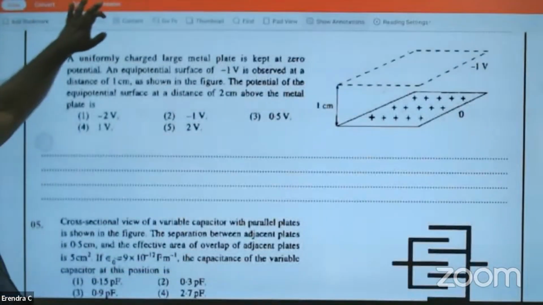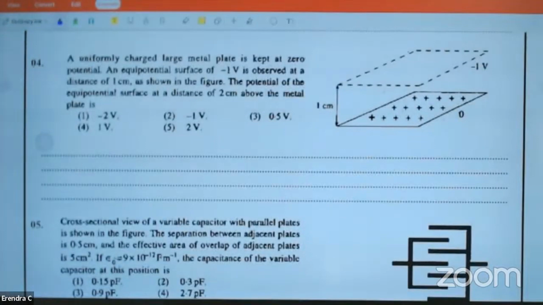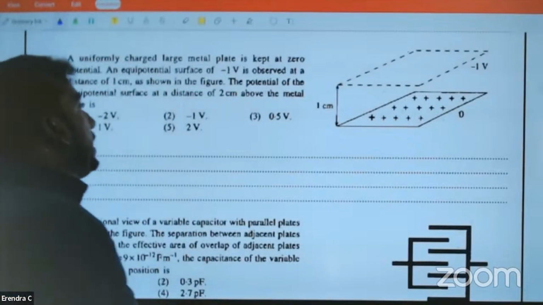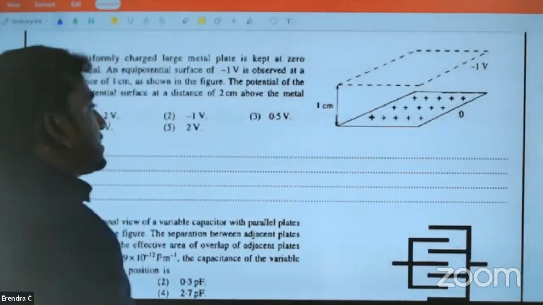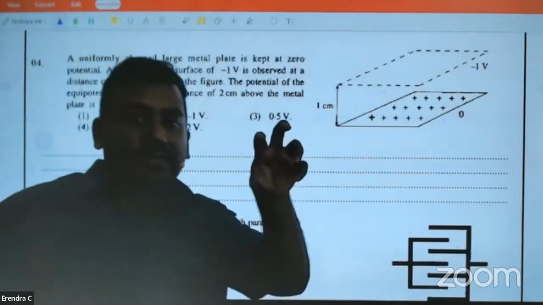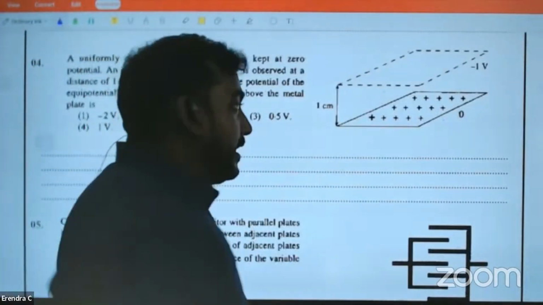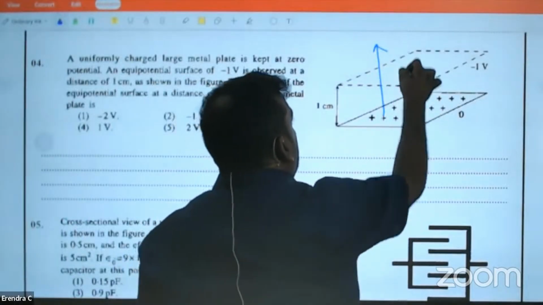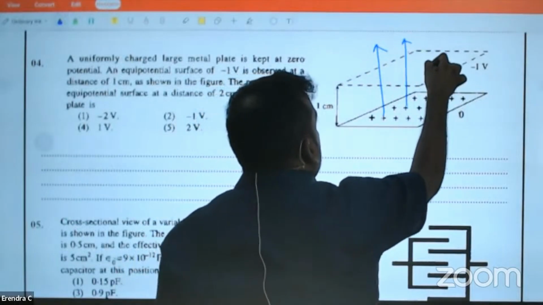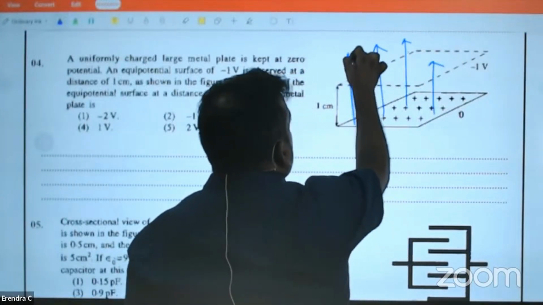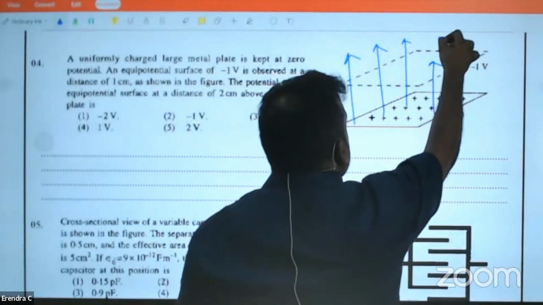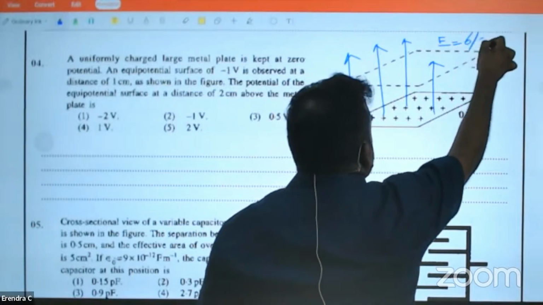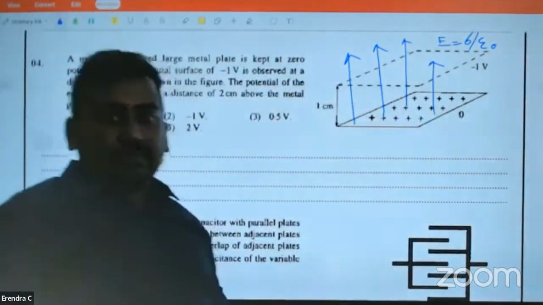Carefully look. A uniformly charged large metal plate is kept at zero potential. Now, yesterday we have done this. Uniformly charged means there will be an electric field acting. The electric field is equal to sigma divided by epsilon naught.